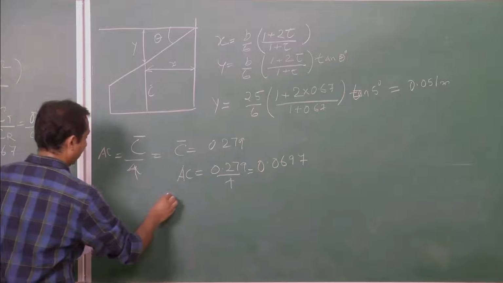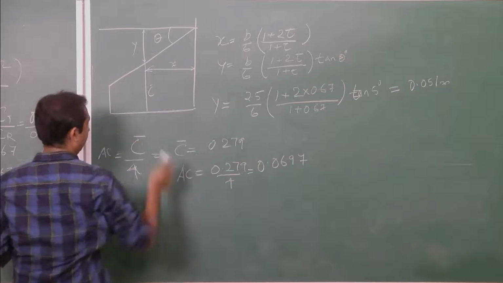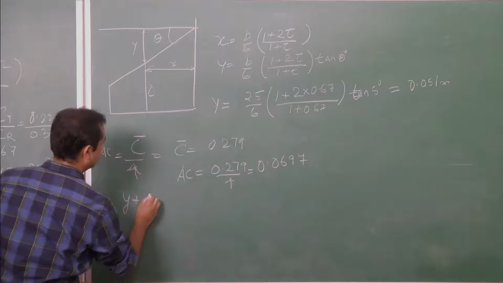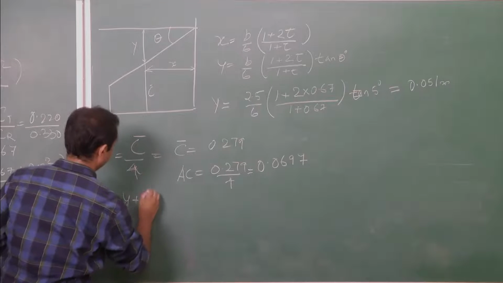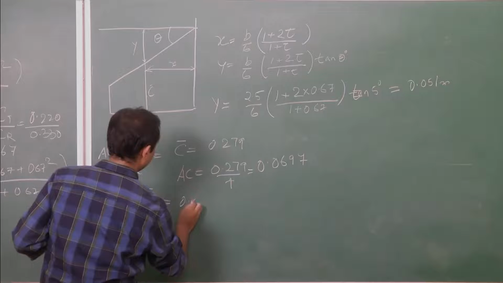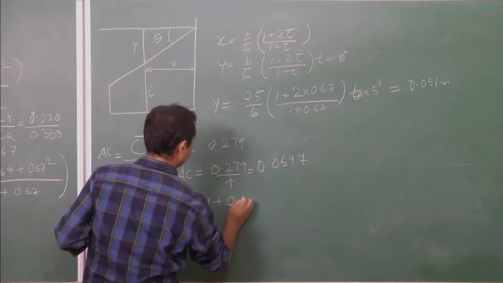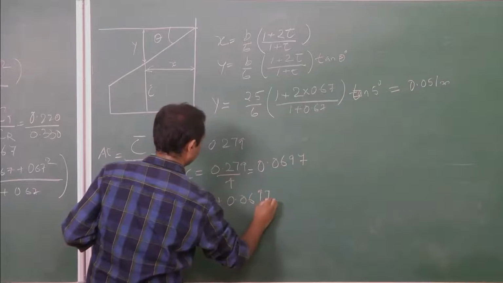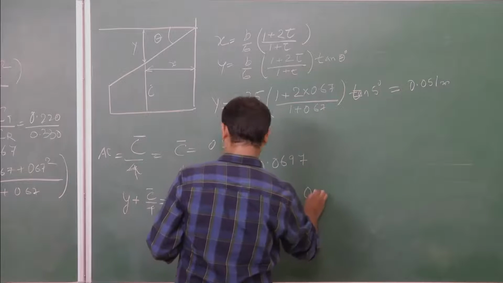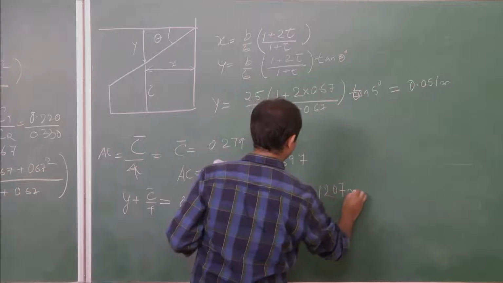So your aerodynamic center from this horizontal line will be at a distance of y plus c by 4, which is equal to 0.051 plus 0.0697, which is equal to 0.1207 meters.